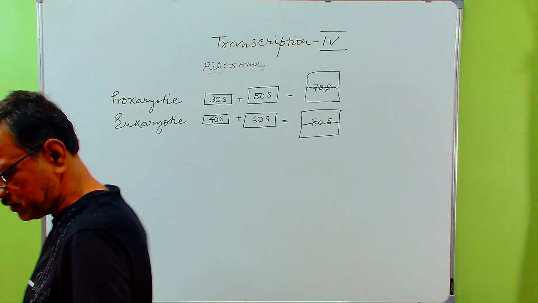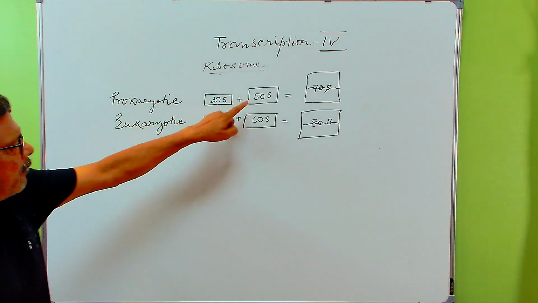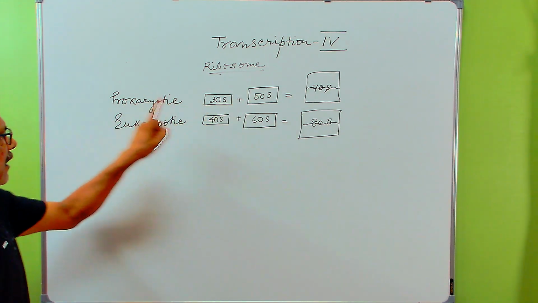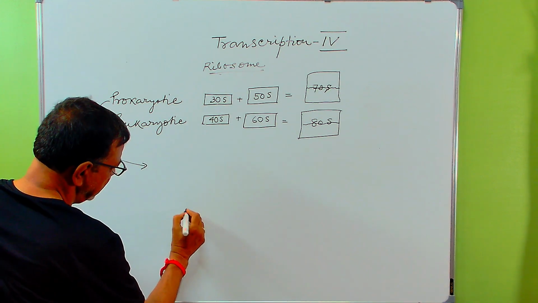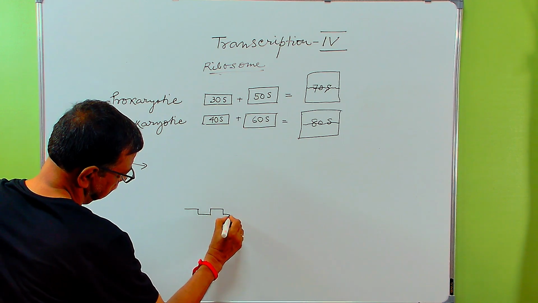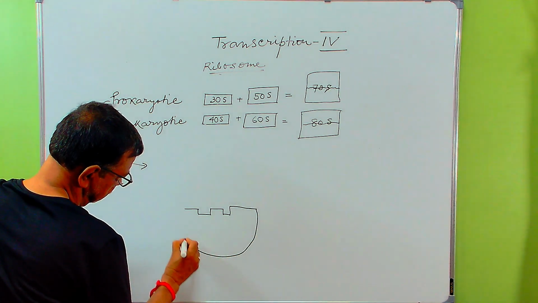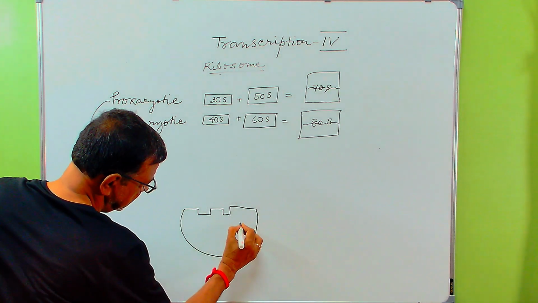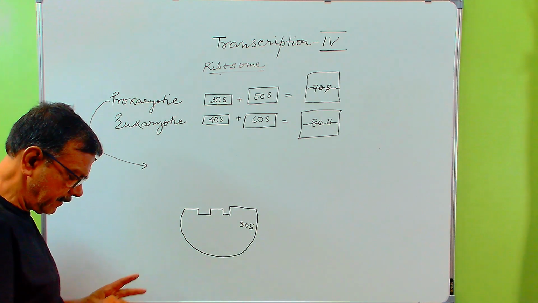In prokaryotes, I am concerned with the prokaryotes now, not with this. In prokaryotes, this is the 30S ribosome.